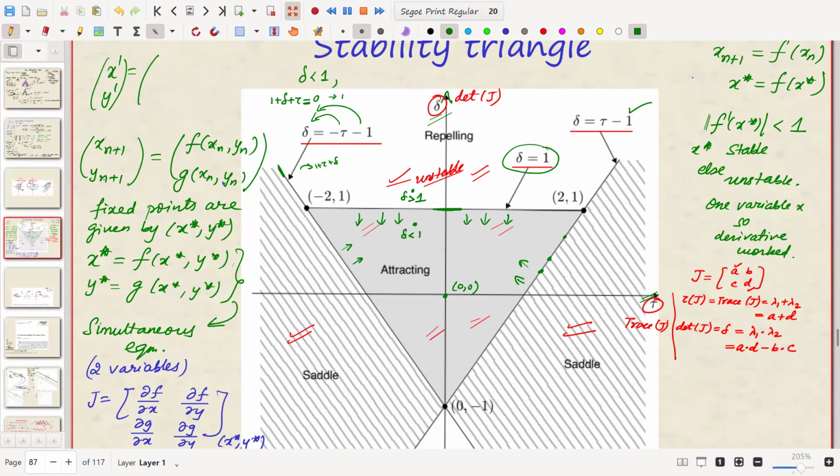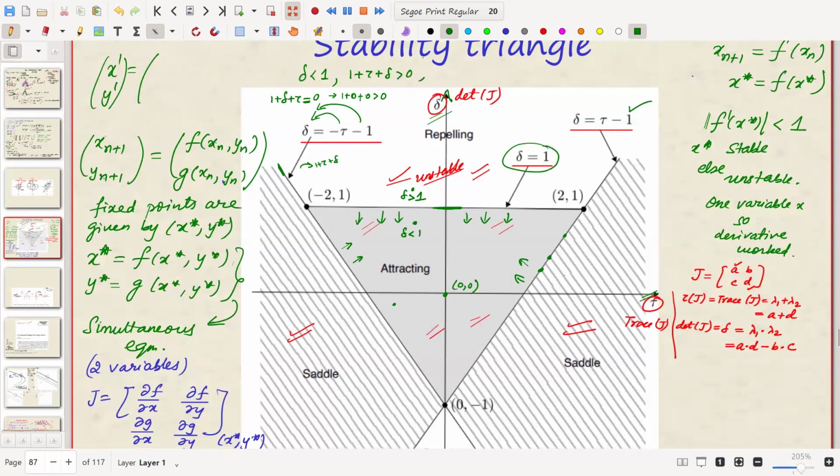What do you get? 1 plus 0 is greater than 0, isn't it? That means if your point has to lie on this side, it should have 1 plus tau plus delta greater than 0. Okay, is everyone with me?